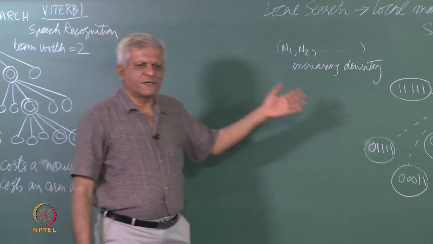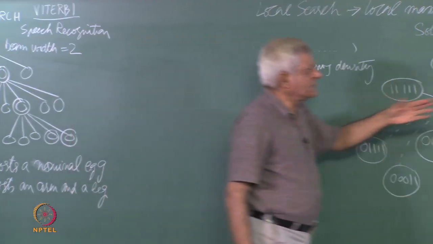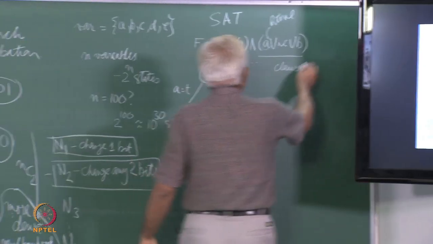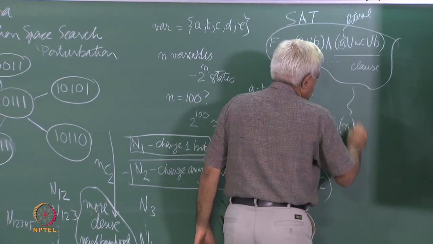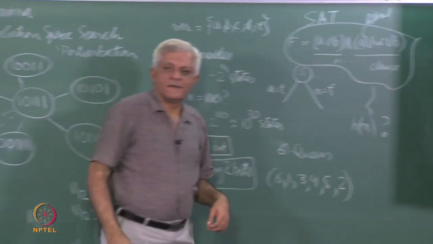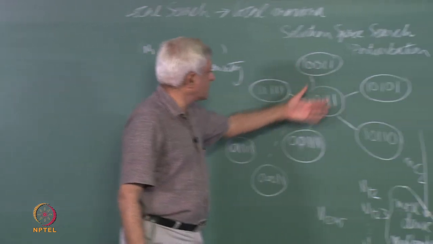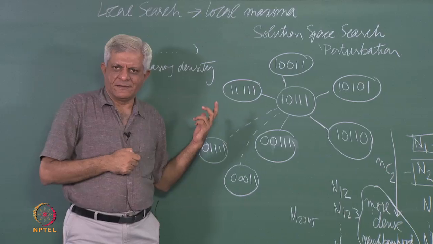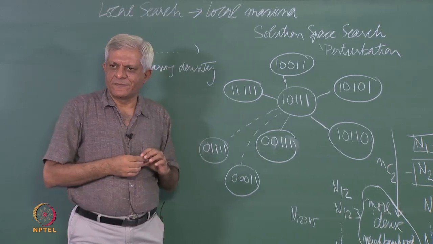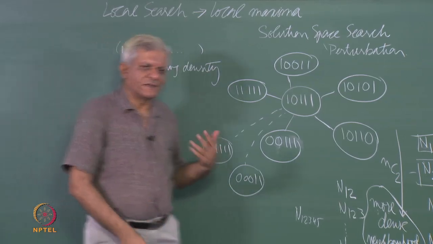So, what will be the heuristic function here? If I have a formula like this, h of n for a given candidate solution. So, these are all candidate solutions, right. How do you give them a value? Any suggestions? Number of clauses it makes true, that is the simplest way of doing it. So, we will keep that in mind.